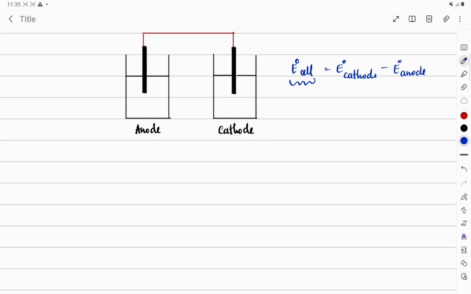Using both, you find the cell potential of the entire cell. Each of these we can call a half cell. This is a half cell and this is also a half cell, and we find the potential for the entire cell.